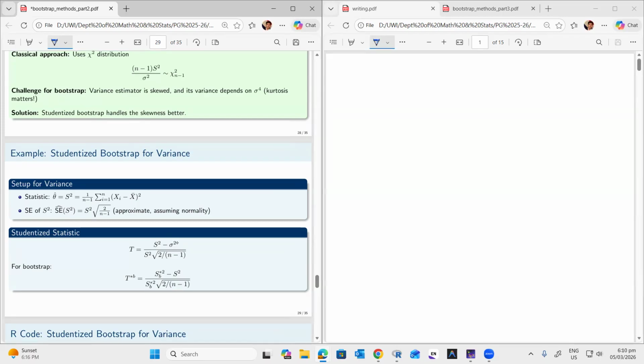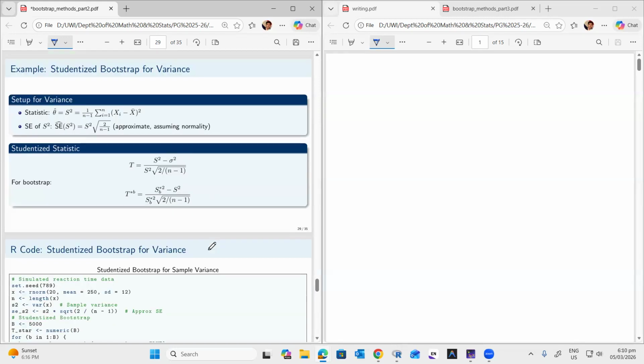All right, that was 1 upon n minus 1 summation i goes from 1 to n, xi minus x bar whole square from our given sample, and for that given estimated standard deviation, we are going to compute the approximate standard error, that was s square into square root of 2 upon n minus 1.